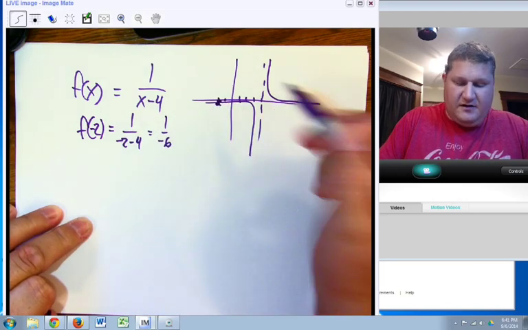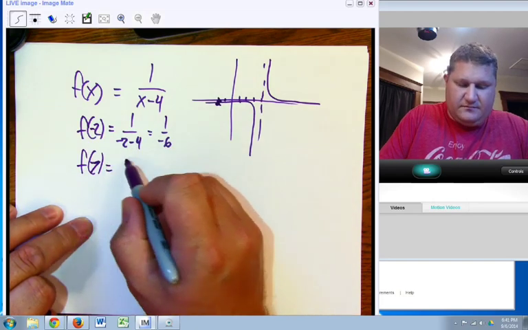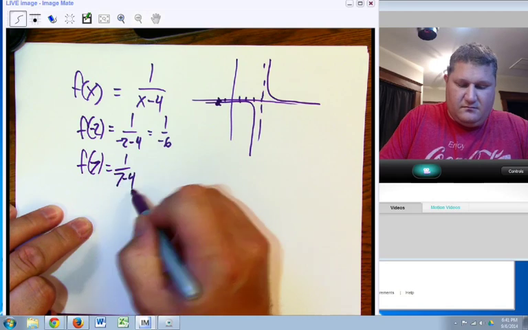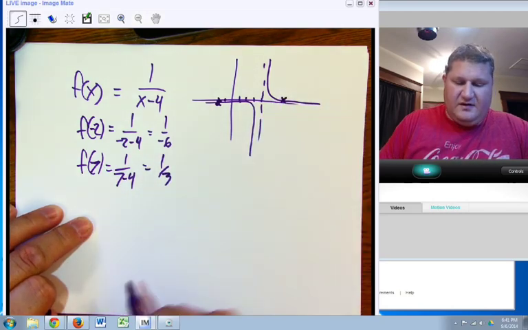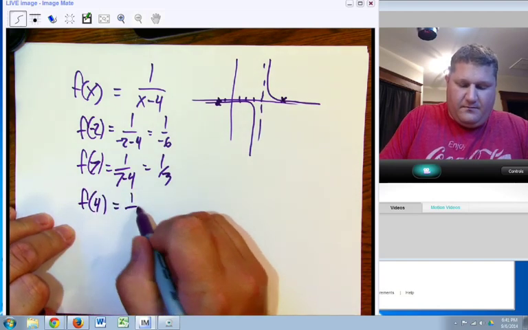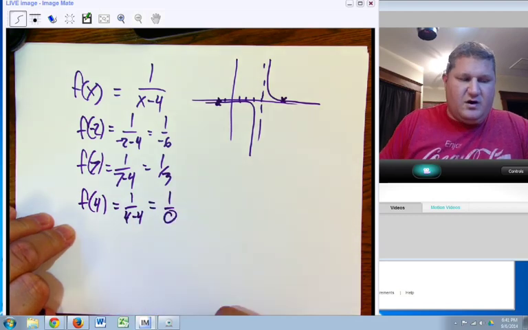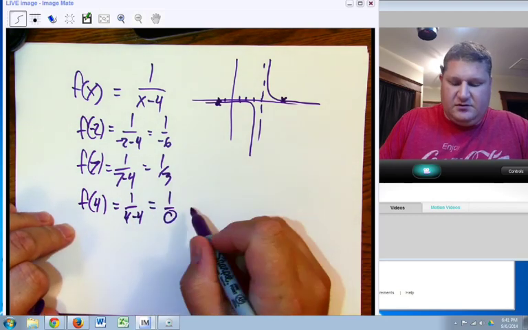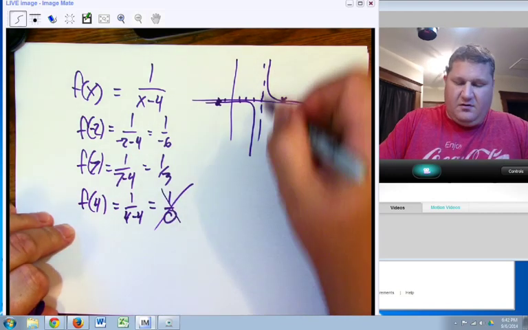There it is. I could put in positive 7 if I wished. That's no big deal. But if I attempted to put in 4, I would come up with 1 over 0. And of course, 1 over 0 is absolutely undefined. With 1 over 0 being undefined, that's where we get an asymptote.